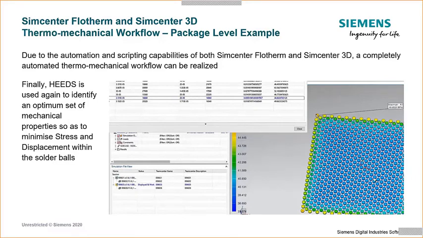And then I think we're looking at the stress now. Yeah, again, this maximum stress again is at the corner ball, and it's gone down from 70 to about 46 megapascals. So in a one-button operation, going from an input deck to an optimized package construction, so as to minimize both operating junction temperature and stress and displacement of the thermomechanical response can be done in touch of a button.